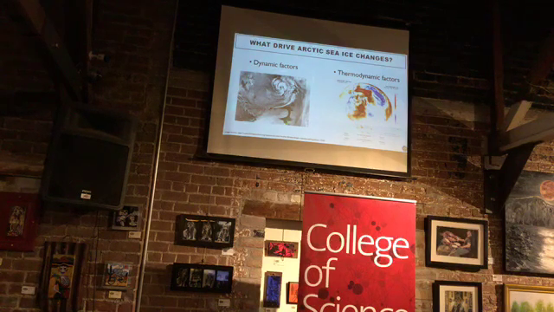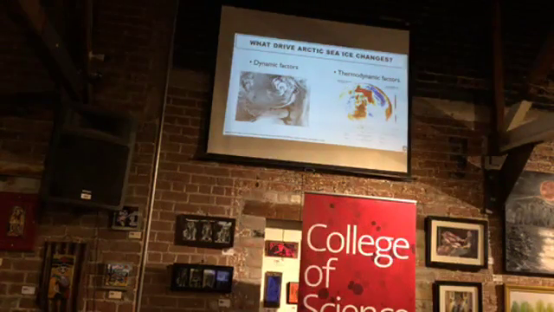Normally we talk about two factors that could affect sea ice changes. One is the dynamic factors, where we talk about the summer storms in the Arctic, anomalous atmospheric circulation patterns, and the sea ice motion that drifts away from a given location. And we also have the thermodynamic factors, where we talk about the temperature, the surface energy budget, or how much water vapor we have in the atmosphere.